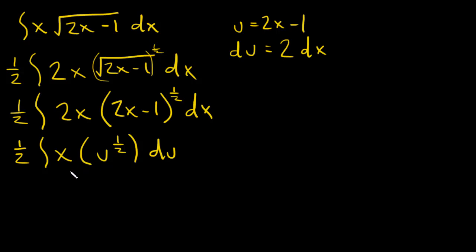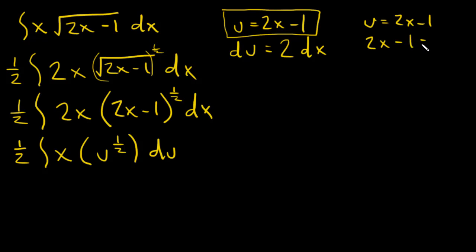And it turns out we can, because what I have up here is an expression of u in terms of x, but I can solve for x and get an x in terms of u. So if u is equal to 2x minus 1, 2x minus 1 equals u, 2x equals u plus 1, x equals u plus 1 over 2.